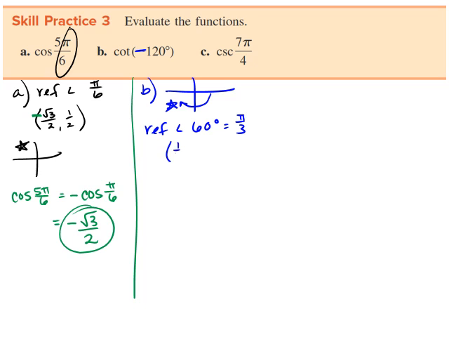That has the corresponding ordered pair 1/2, root 3 over 2. In quadrant 3, I know that both of these values are negative. So now all I need to do is find the cotangent of this value. So cotangent is cosine over sine. This reduces to a positive root 3 over 3.